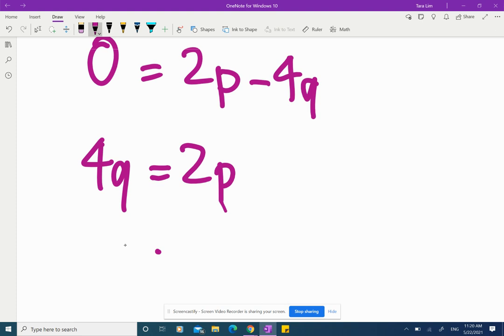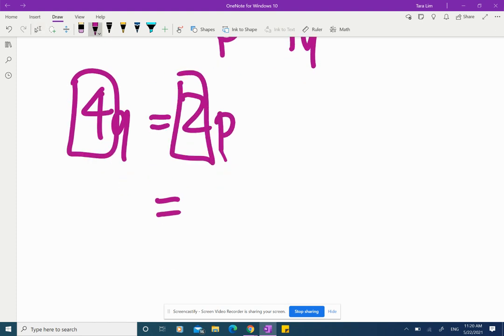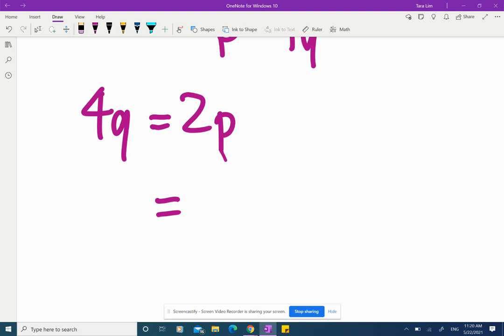Now we can finally do p over q. So we must move either 4 or 2 to the other side. So I have 2p is equal to 4q, or 4q is equal to 2p. Now we want to know what is p over q, right?